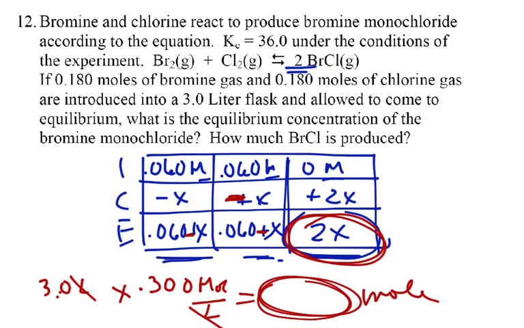So the idea is, don't just stop at x. In this case, I had to double the x, and then I had to do a calculation using molarity and volume to give me the moles. Now, if they really wanted grams here, I think they would have said what mass of BrCl is produced, or we could also just go on and tell how many grams this is as well, if we're not quite sure what they want.